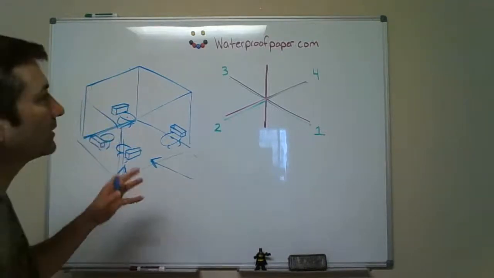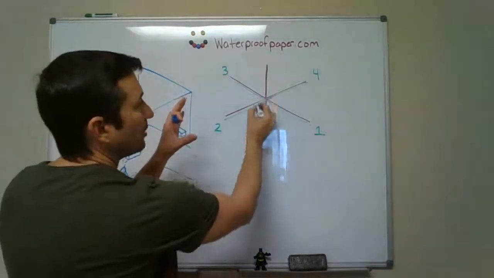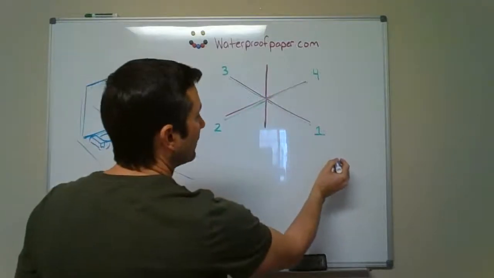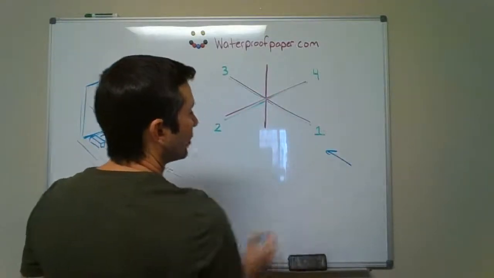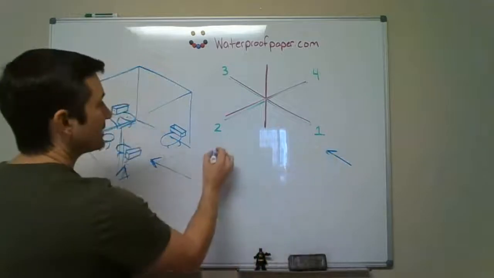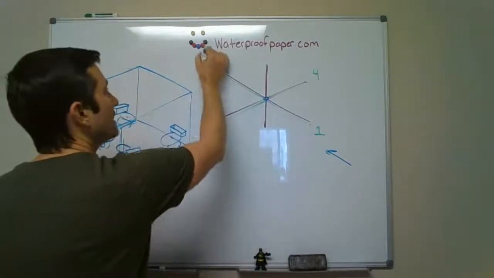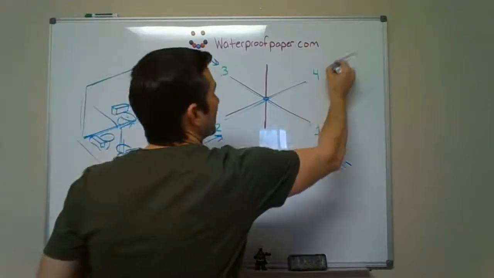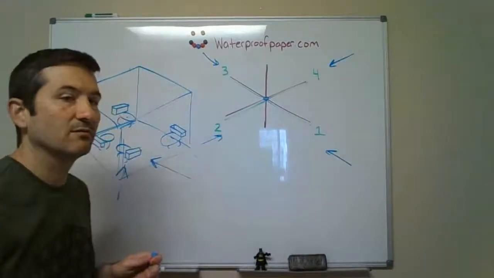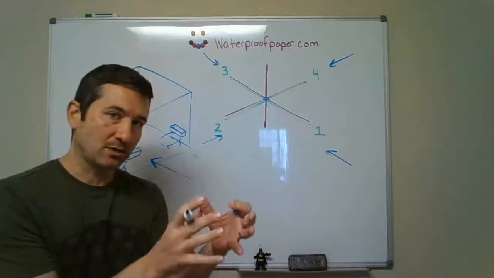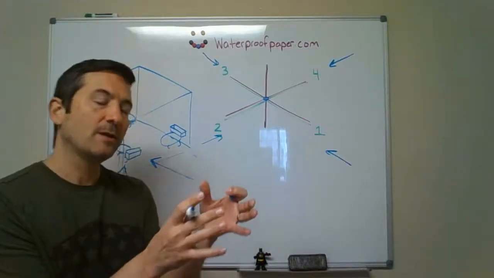So what you're doing, it's like an object in the middle, and you're looking at it from, I'm going to walk this way and look at that object. Well, let me walk around this way and look at the object that's here in the middle. Let me walk around here and look at it from this perspective, and let me walk around and look at it from this perspective. The object doesn't change. The plumbing doesn't change.